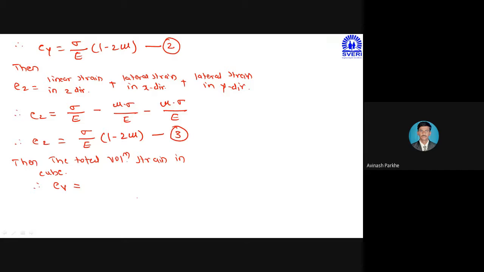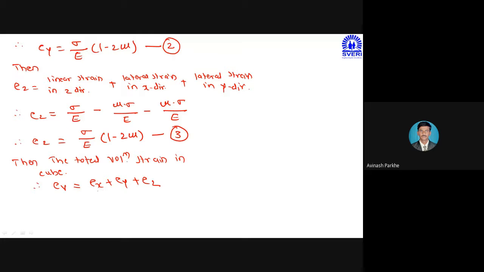The strain induced in all the three directions represents the total volumetric strain, means epsilon x plus epsilon y plus epsilon z. So the total volumetric strain means strain induced in x direction plus strain induced in y direction plus strain induced in z direction, because in all the three directions strains are induced.